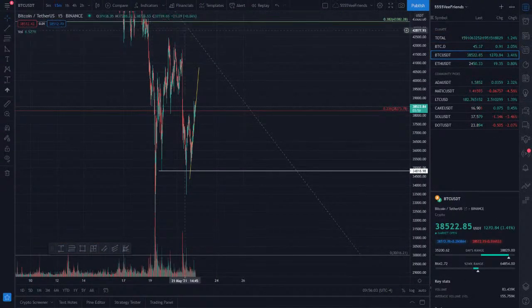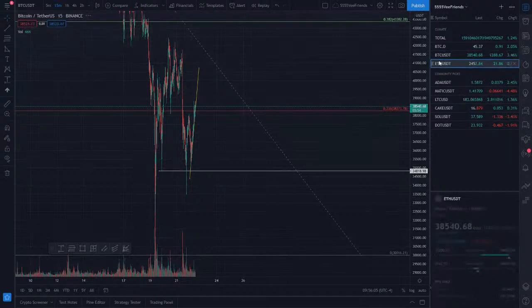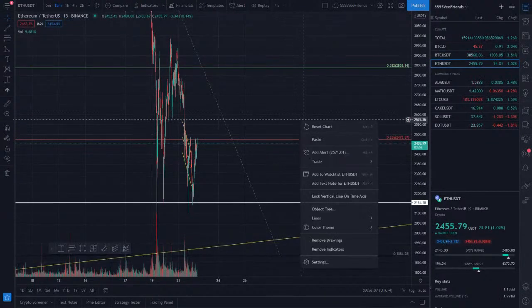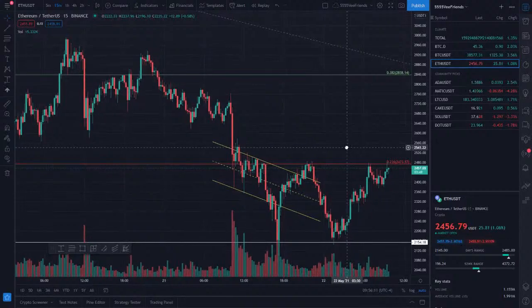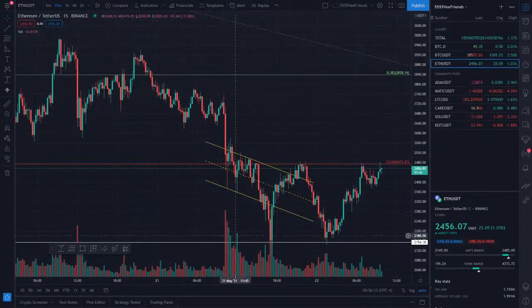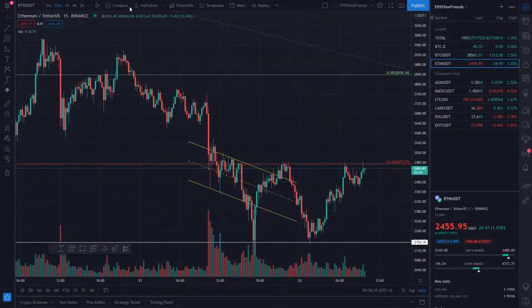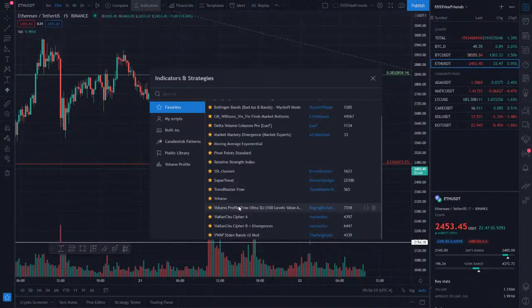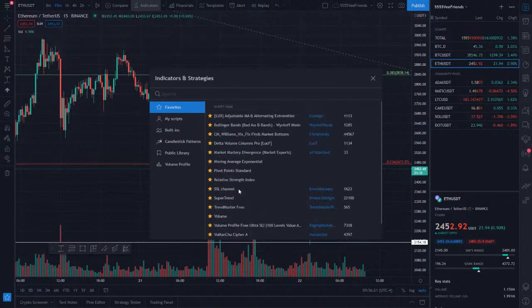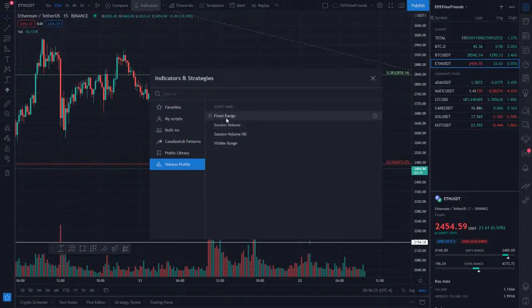What am I looking for? Oh, one other thing. Let's see. We'll look at Ethereum. So one thing about Ethereum too, and this talk of volume, is there's another tool. Where is it?